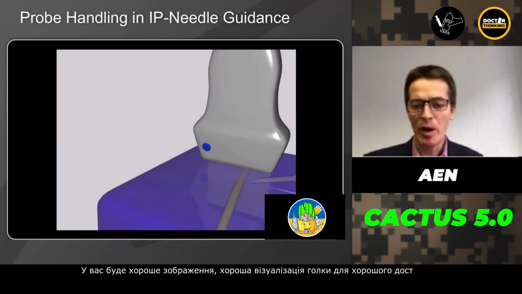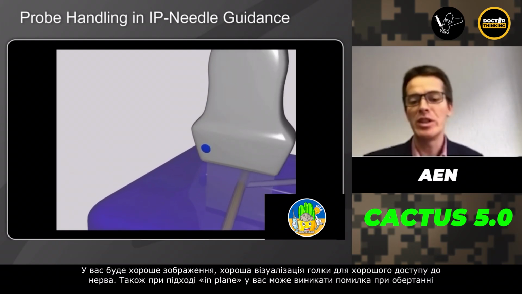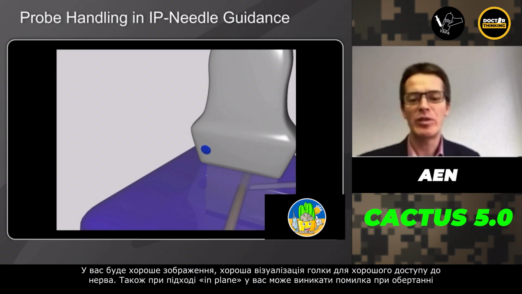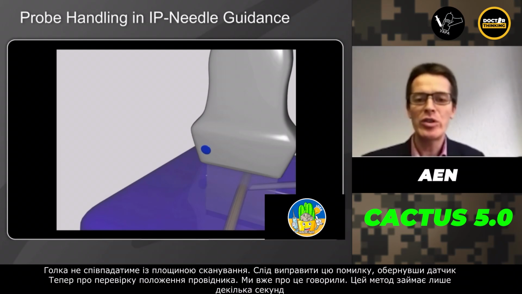So you hopefully get a good image and a good identification of the needle for a safe approach towards the nerve. Also in in-plane procedures, you may have a rotation error so that the needle path is not perfectly aligned with the scanning plane, and of course you then have to correct this error by probe rotation.